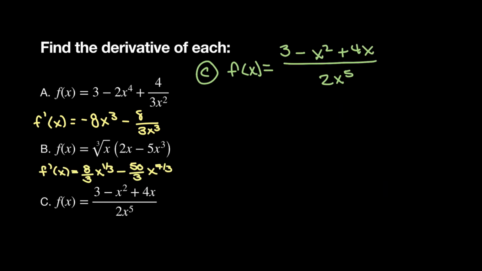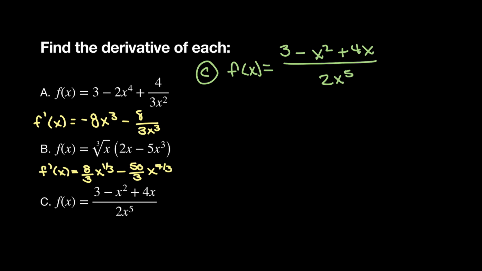All right, let's do one more. f of x equals (3 minus x squared plus 4x) divided by 2x to the fifth. Again, in calculus, it is almost always easier to deal with sums and differences instead of products and quotients.